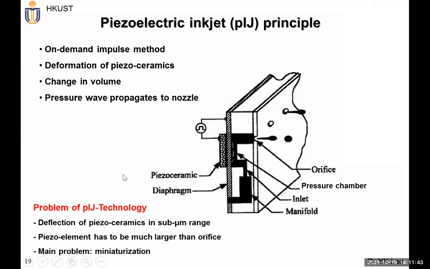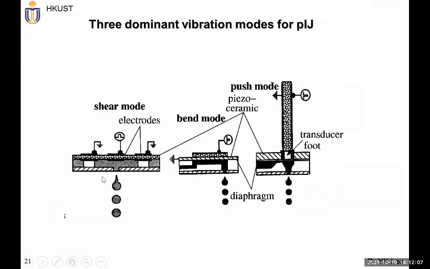One of the big issues for piezoelectric inkjet is that it typically requires fabrication with special piezoelectric material, which is not compatible with typical semiconductor manufacturing processes. But still, some companies try to make this kind of device.